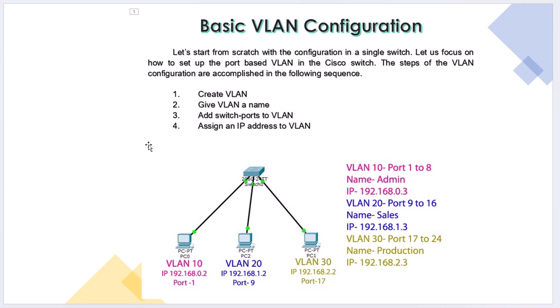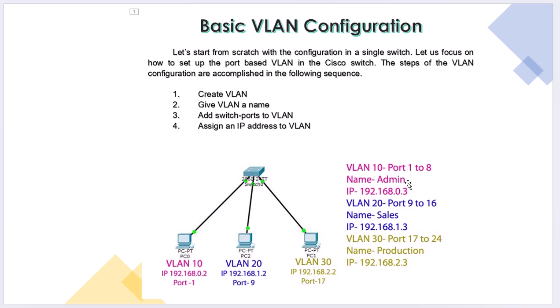Now, basic VLAN configuration. First, we need to understand what L2 and L3 VLANs are. An L2 VLAN has only the VLAN number and VLAN name.